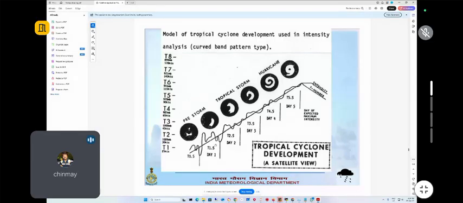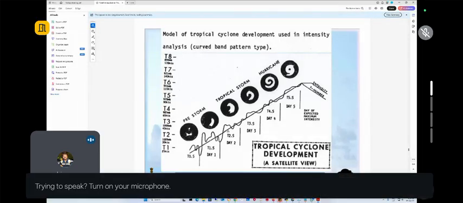If you are able to see here, from day 1 at T 1.5, day 2 it is moving up to T 2.5. It is increasing by T 1.0 each day. So it starts with 1.5, then 2.5, 3.5, 4.5. This is kind of ideal, which is followed in many basins. The average T number increases per day by 1.0.